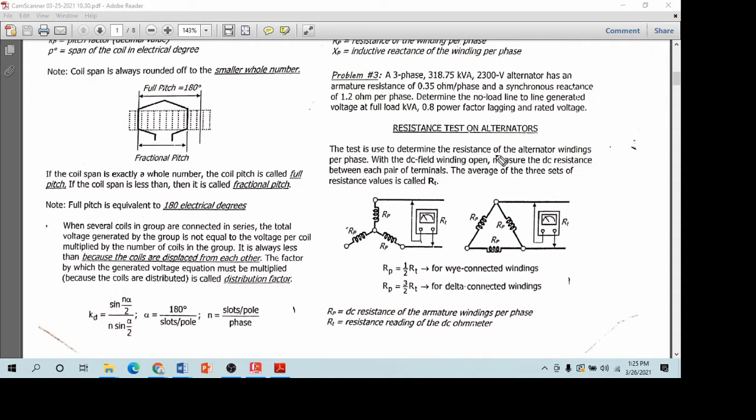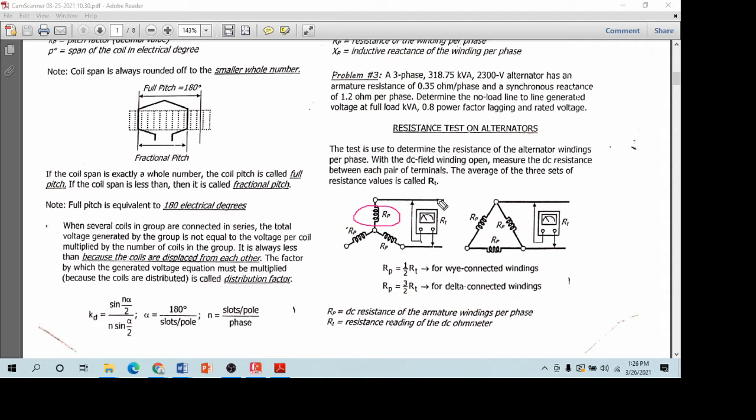As you can see here, this is the schematic diagram for Y-connected windings. RP here is equal to one half of RT. So if you solve for RT, that is twice RP.